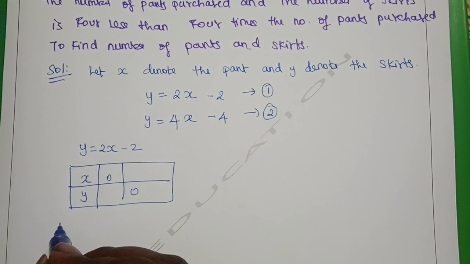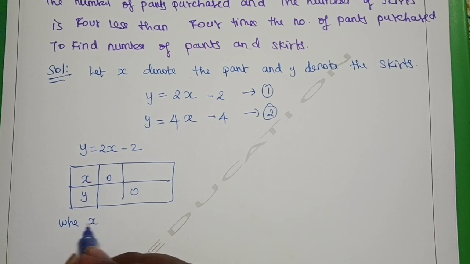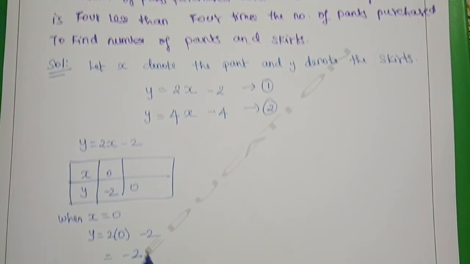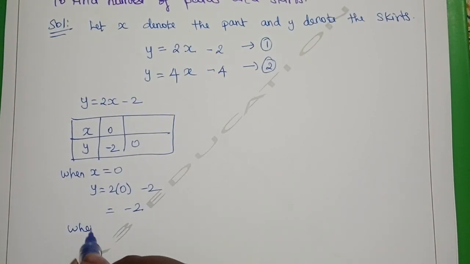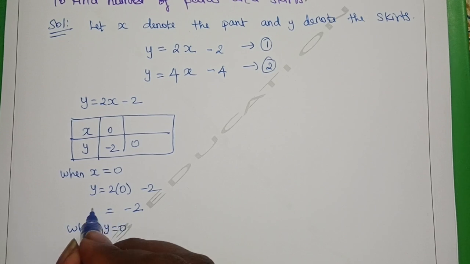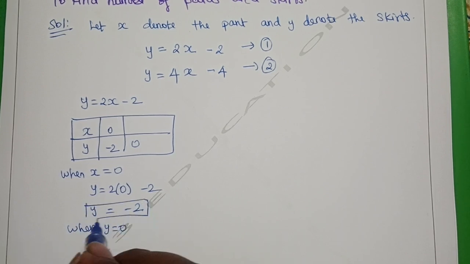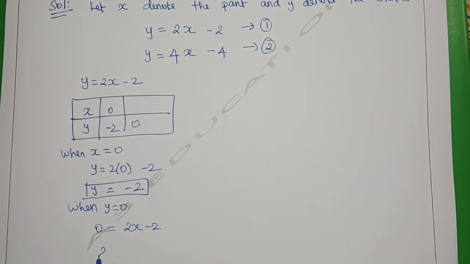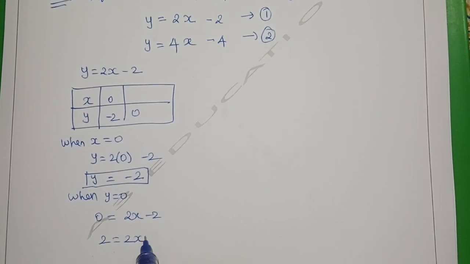When x is equal to 0, y is equal to 2 into 0 minus 2, which is minus 2. When y is equal to 0, 0 is equal to 2x minus 2, therefore 2x is equal to 2, and x is equal to 2 by 2, which is 1.